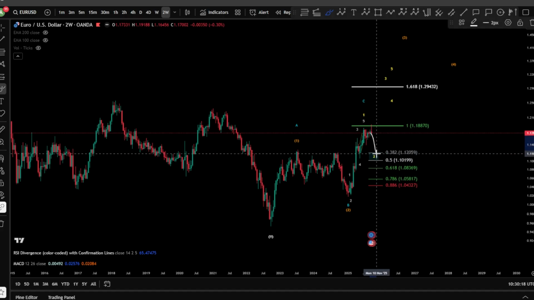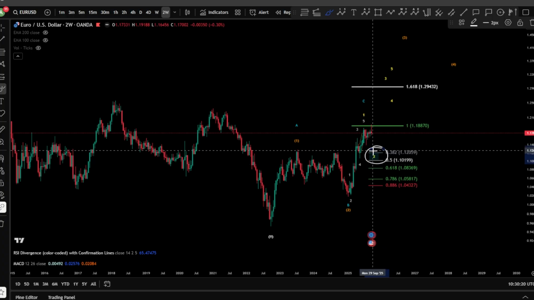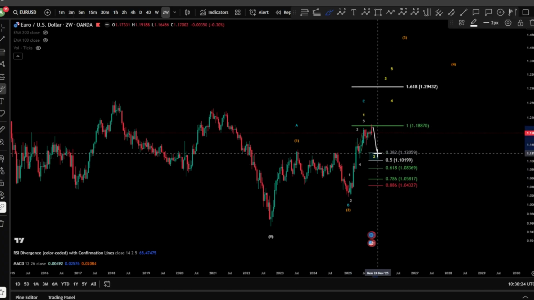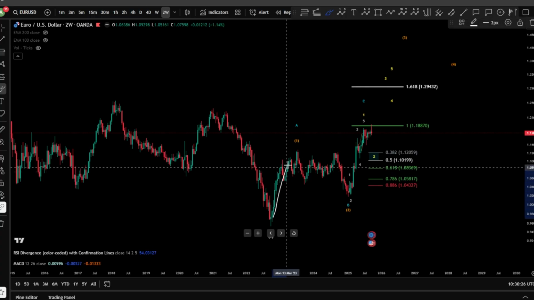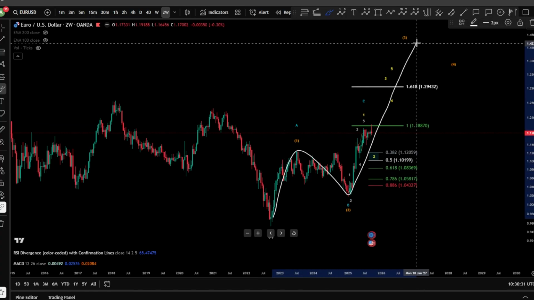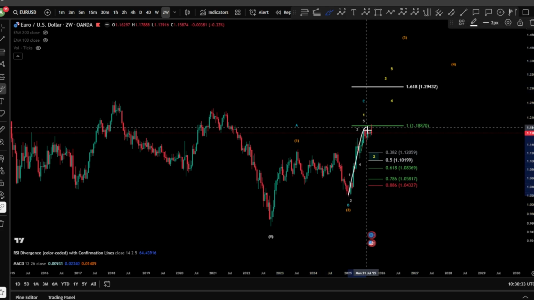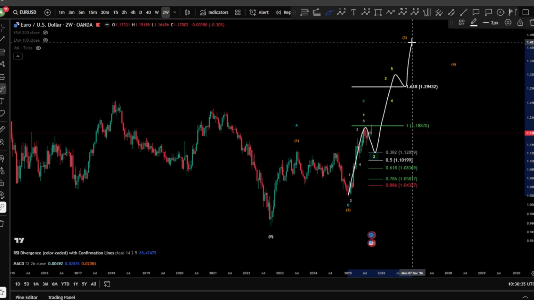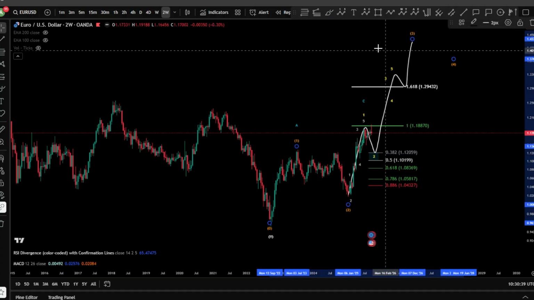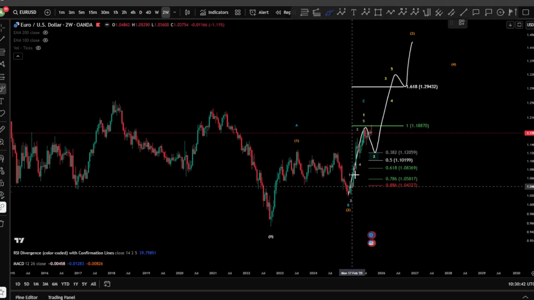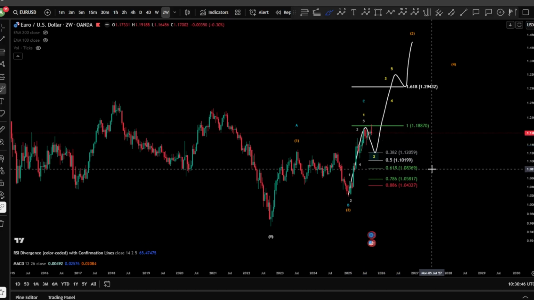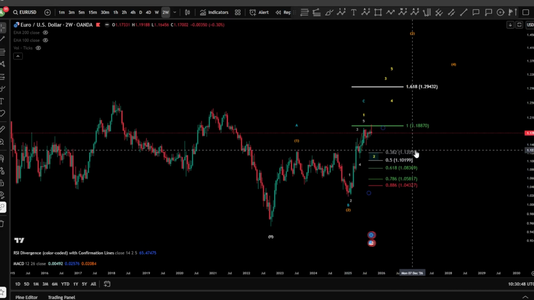We see a potential wave C unfolding for a wave 2 or a wave B, potentially as ABC, but the higher possibility is a wave 2, meaning this might be a 1-2, which is the main 1-2 for your main impulse, and what you are looking at right now is a potential 1, 2, 3, 4, 5 for your wave 3 here, because a wave 3 has to be an impulse, 5 waves upward, and that means a 1, 2, 3, 4, and a 5. The wave 2 minimum target is $1.12 here for the euro.